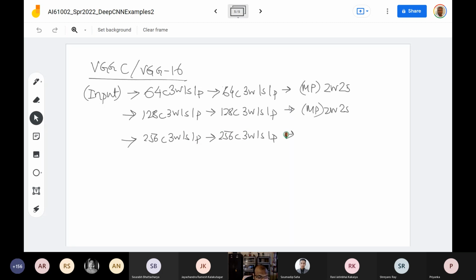Instead of getting into that max pool, I will again have a 256 sized convolution. But here, instead of doing it with 3 cross 3, we'll do it with 1 cross 1. Then comes 512.